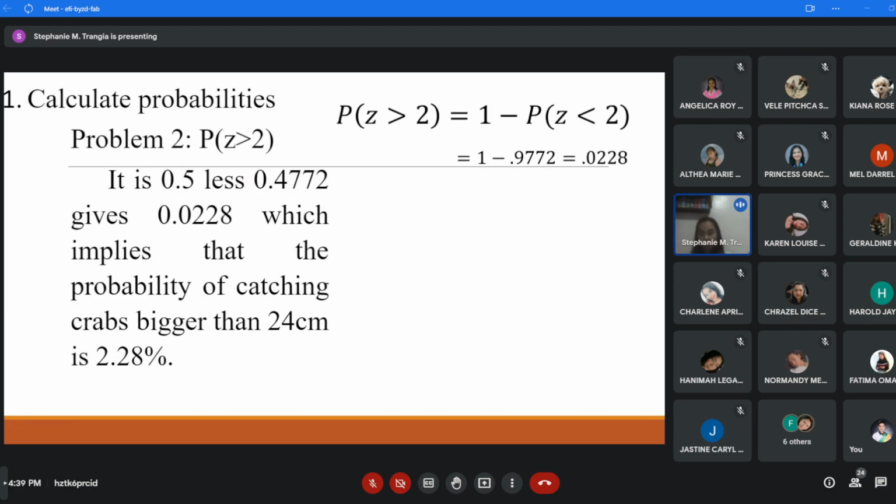That is because the computation in the table, class, is from negative infinity to the center. So what can you do if it is from the center to the right? Well, you can no longer find it automatically. But you can do the complementary.